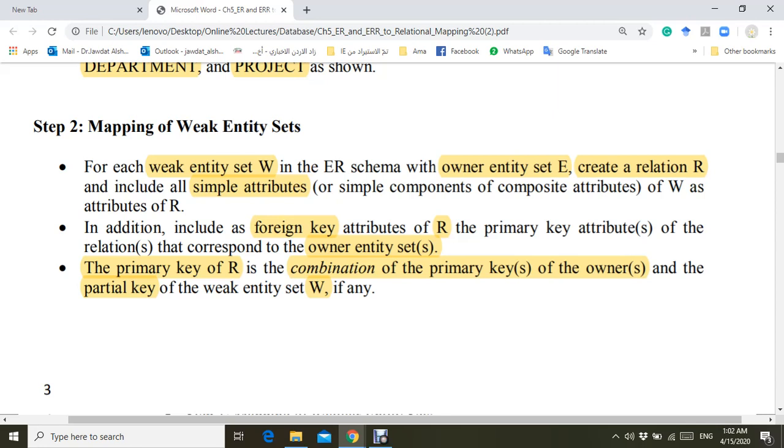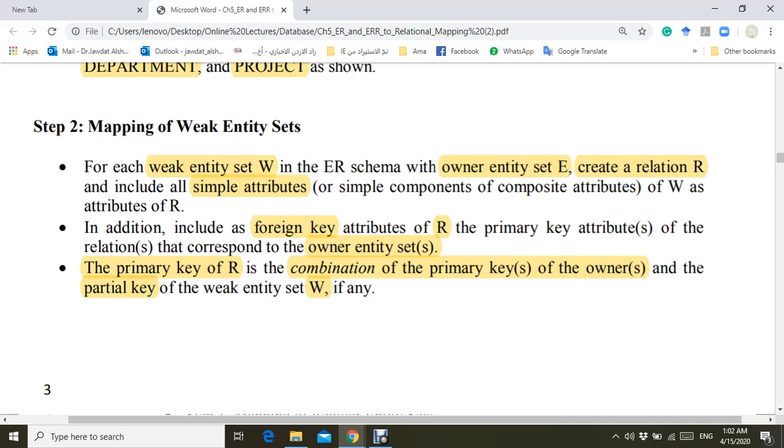How to map it? We make it a relation, and we put a foreign key in this relation, which is the primary key of the owner entity, showing which employee the dependent belongs to.